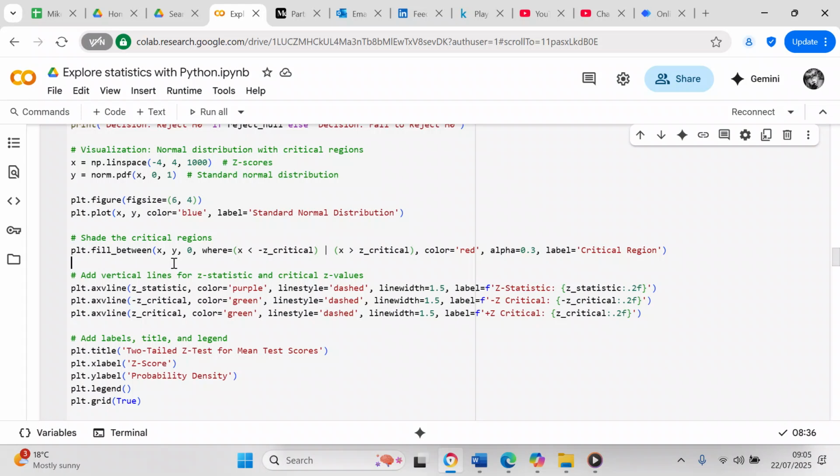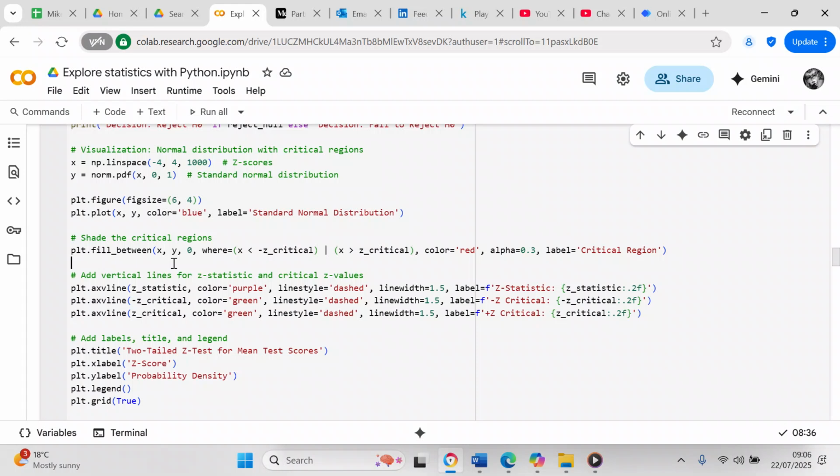Then you have plt.axvline brackets negative z-critical, color equals green, linestyle equals dashed, linewidth equals 1.5, label equals negative z-critical. Then plt.axvline brackets z-critical, color equals green, linestyle equals dashed, linewidth equals 1.5, label equals positive z-critical.